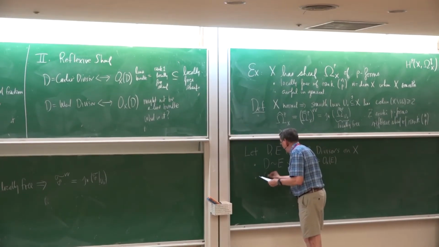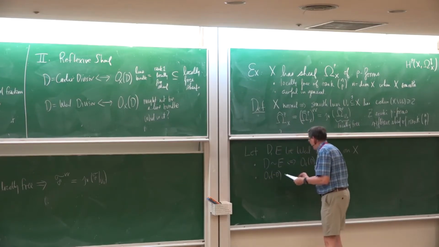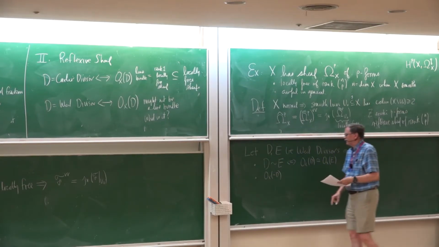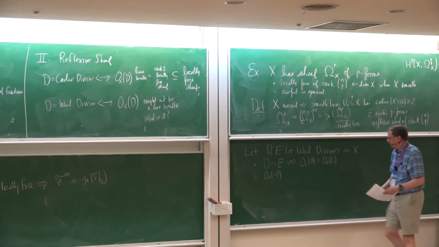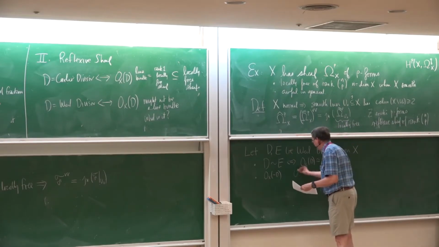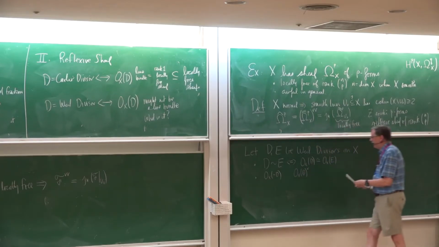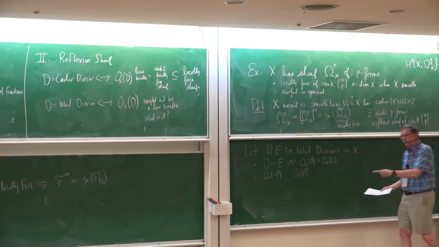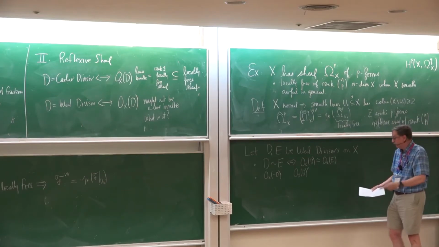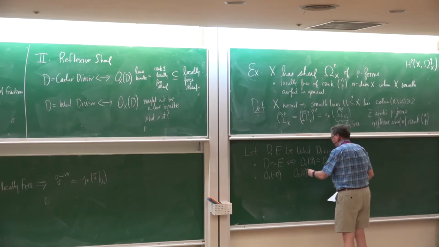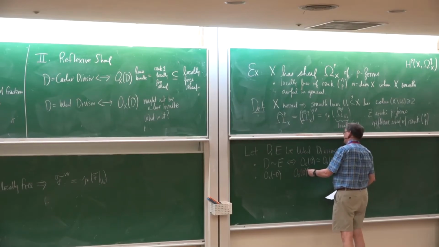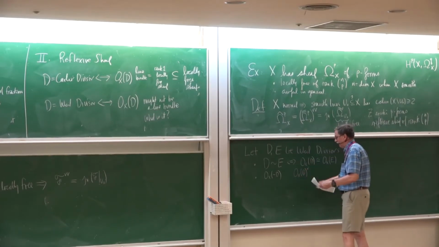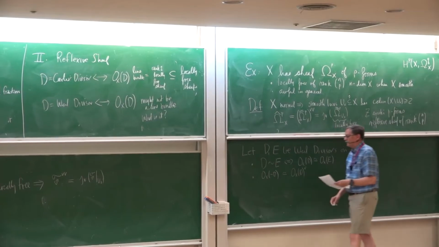But then of course you get O_X(-D), and that's doing the negative from the divisor point of view. And then the other thing you can do is of course just take the dual. And if you think about it, the dual of a reflexive sheaf is reflexive. And so that means this is O of something, and it's actually that. So that's very nice.